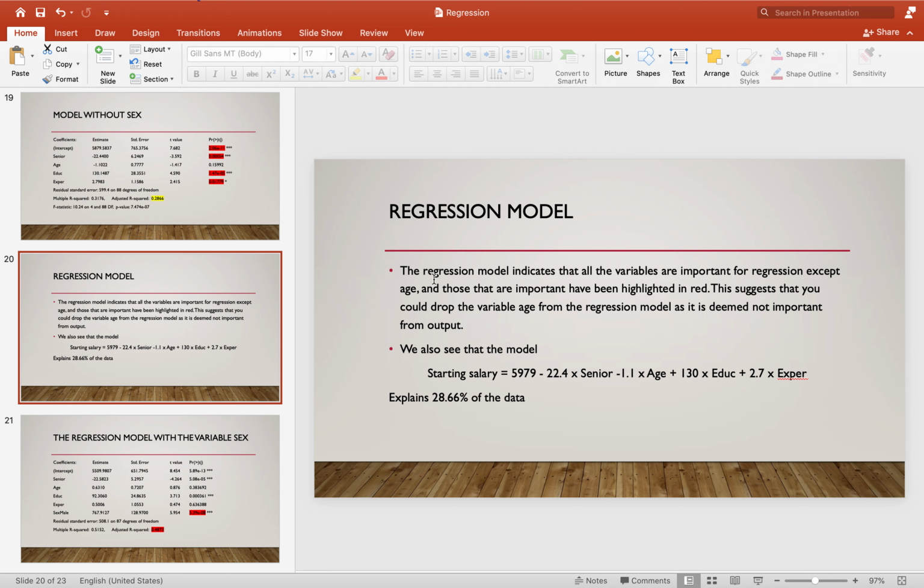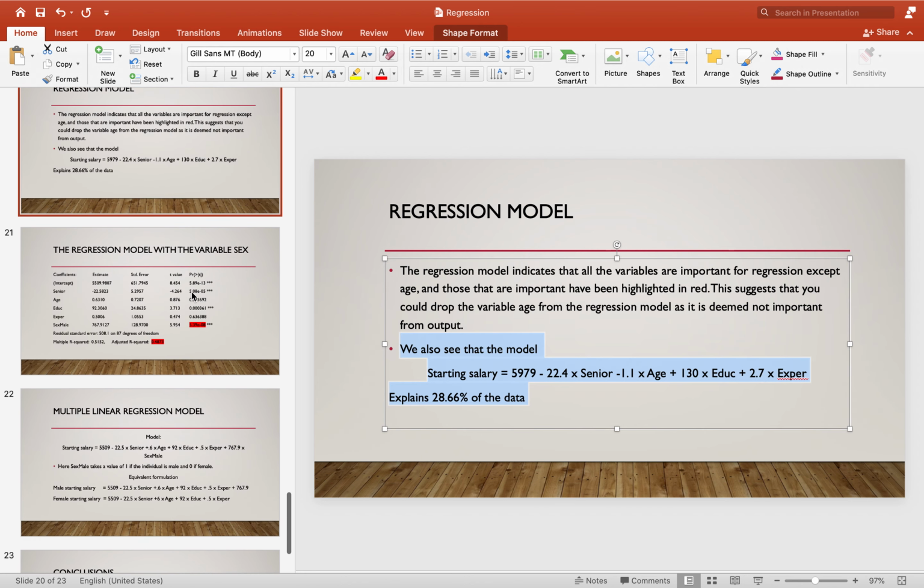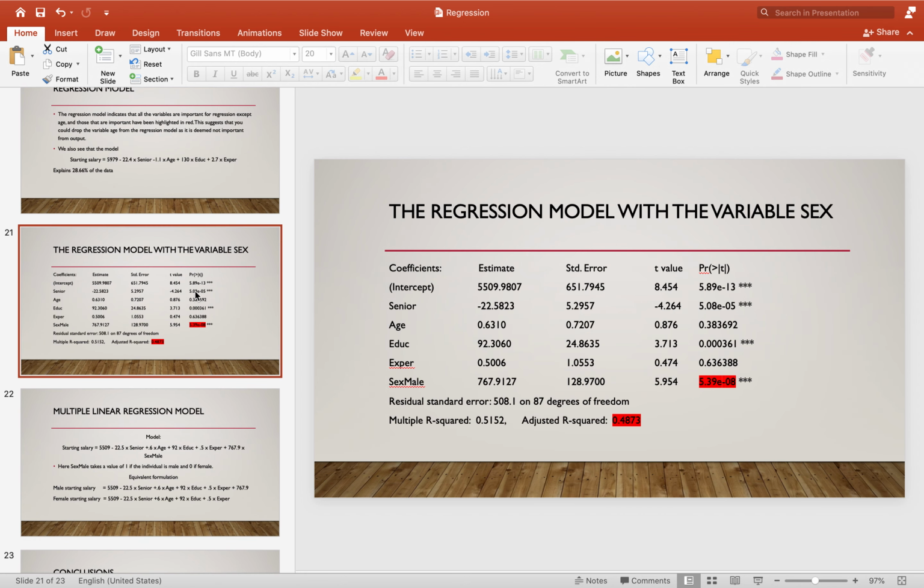So this just sums up what I just stated. We would state our model and see this, and that gives us 28% of the data, or explains that amount of the data.